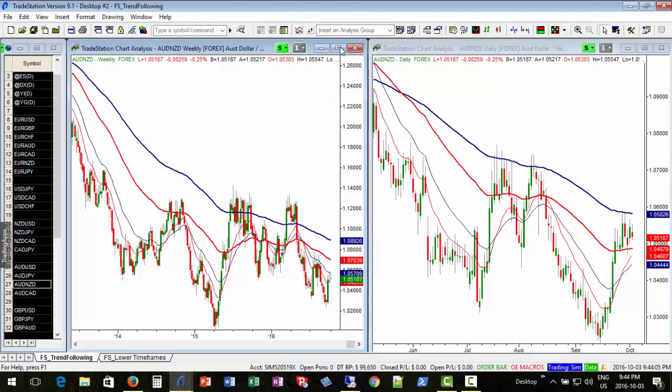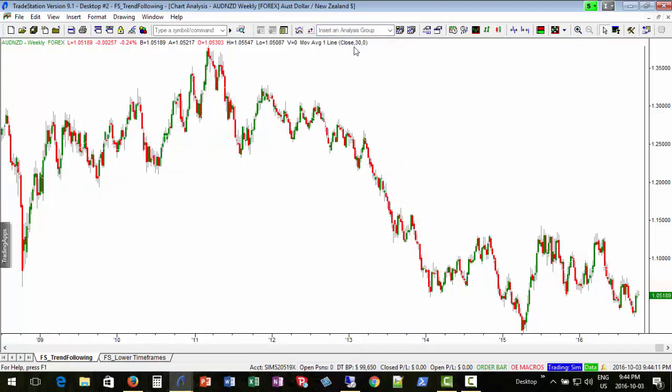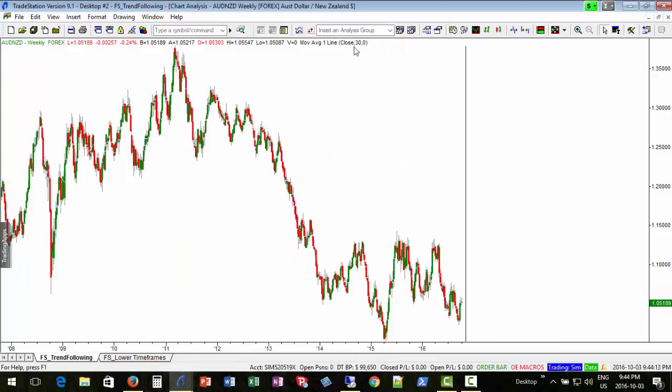So weekly time frame for the Australian dollar, New Zealand dollar here, and this market is not really very technical.